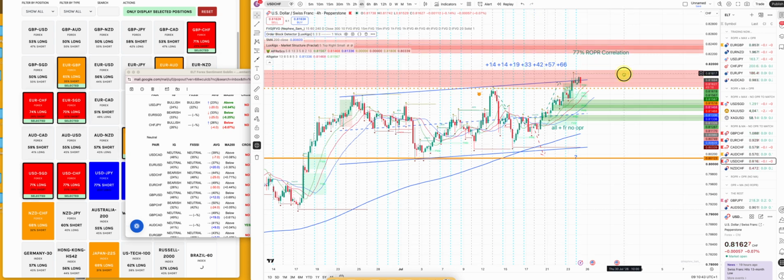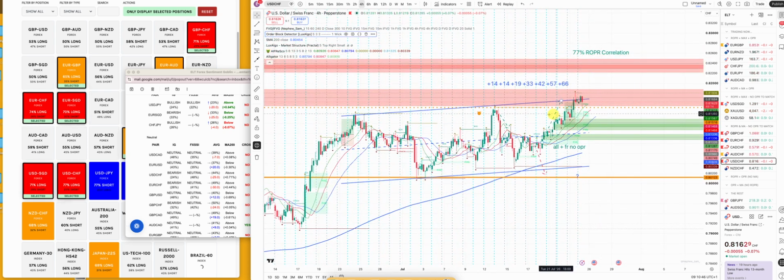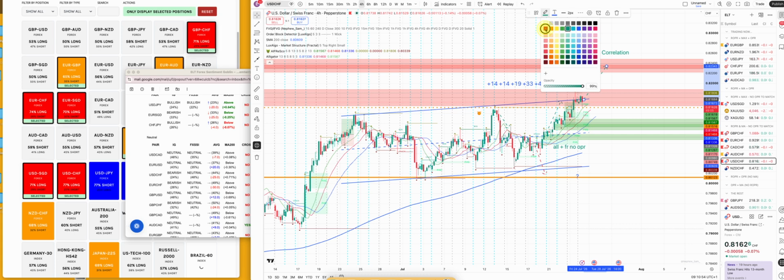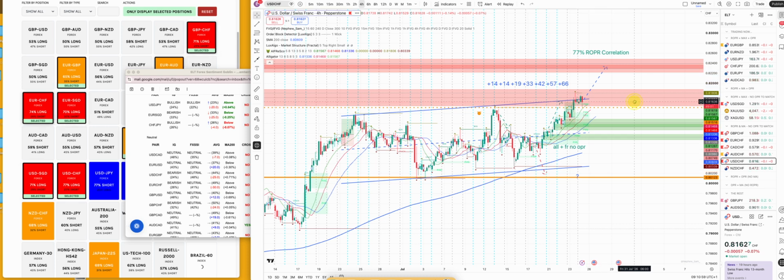And given the dollar strength, I'd say, if I was a betting person, it's probably going to go to there. But it's not tradable for me, sorry. I believe it's a suggestion. It's not tradable because things are not lining up. Alright.